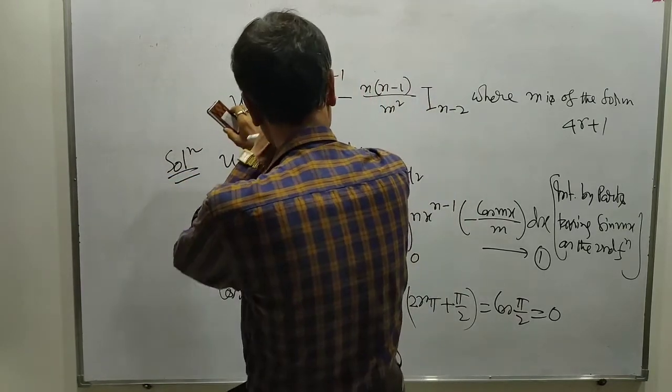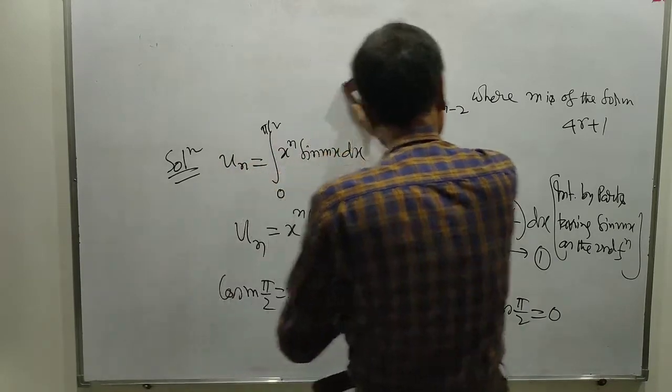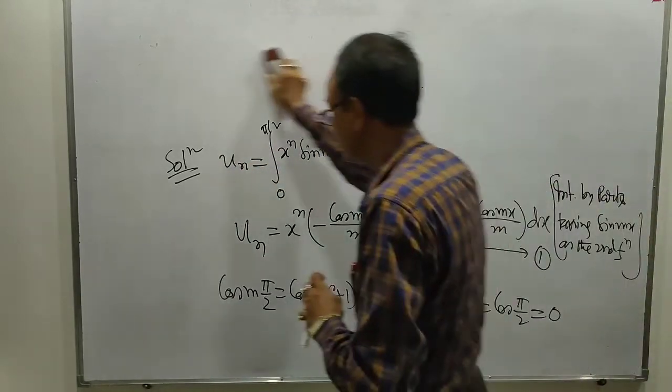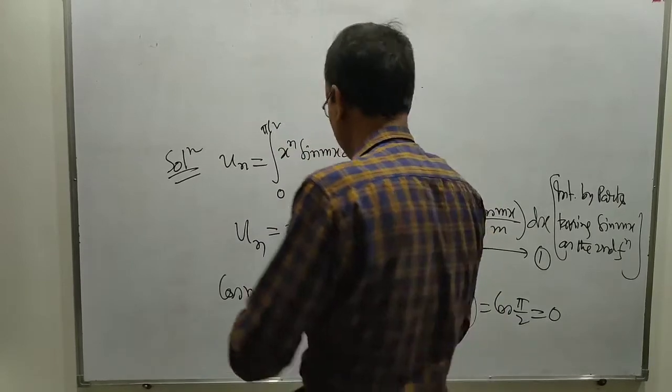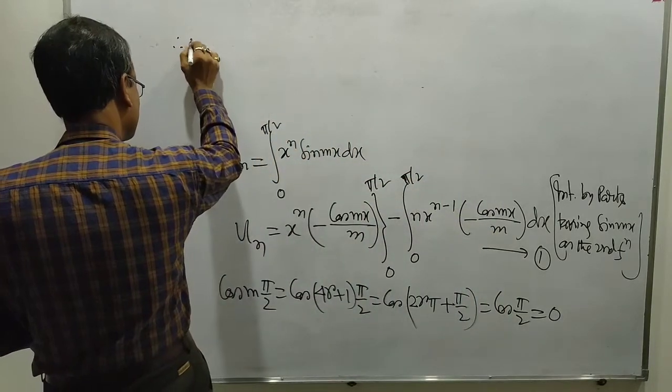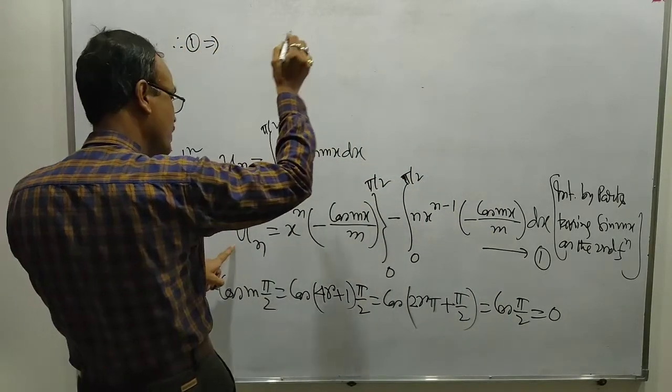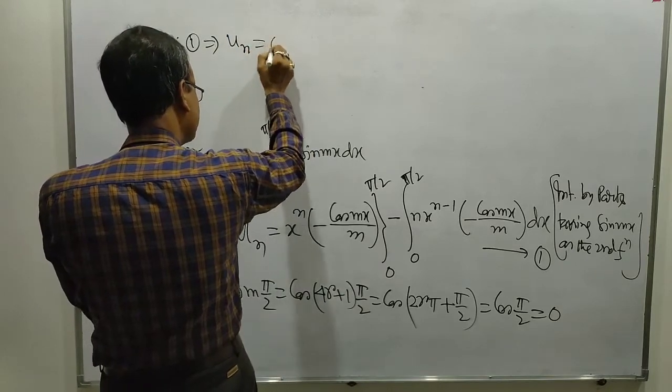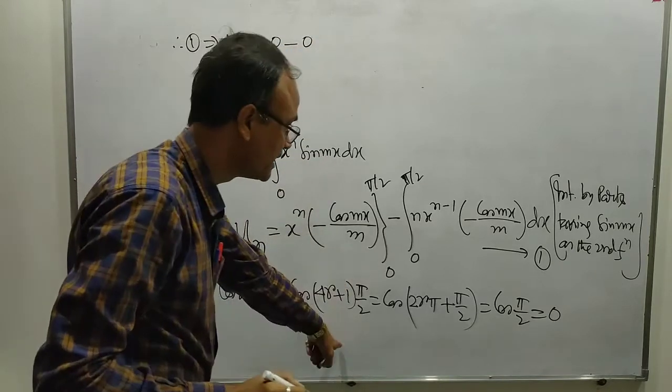Therefore, from 1 you will get Un equal to 0 minus 0. You will get 0.